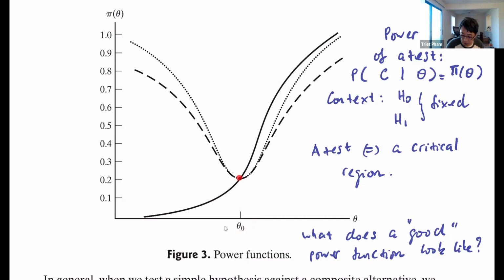Notice that these three curves all cross at the same point, theta naught. What do you think this is?